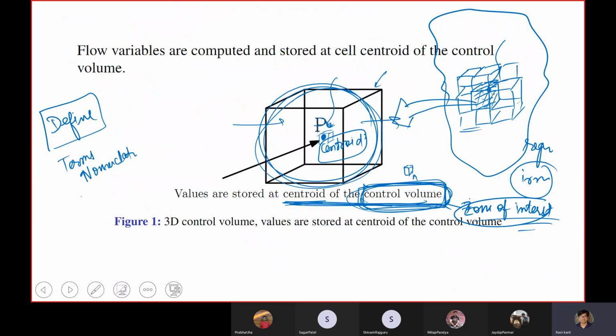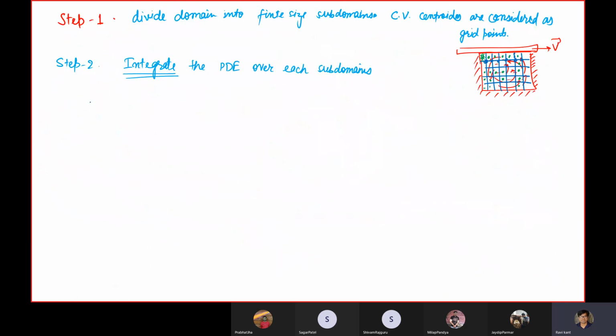We'll take the generic transport equation. So we have dou rho phi by dou t plus divergence of rho V phi, this is your advection or convection term, plus your diffusion term, written as divergence of gamma grad phi.